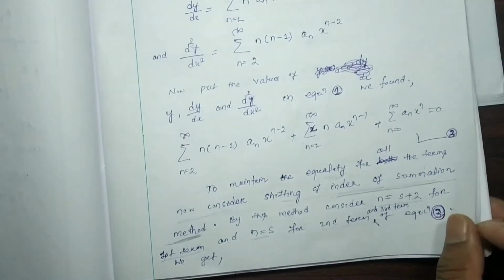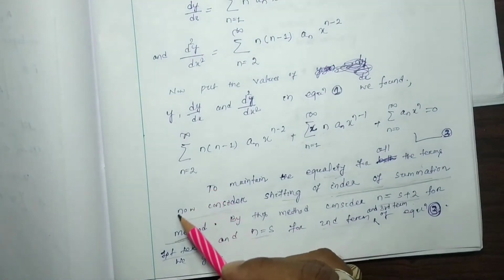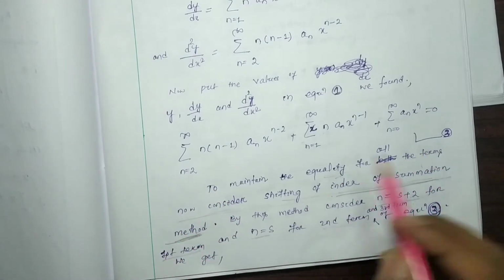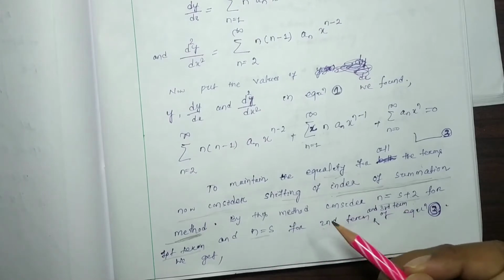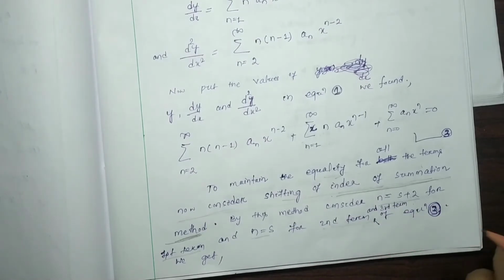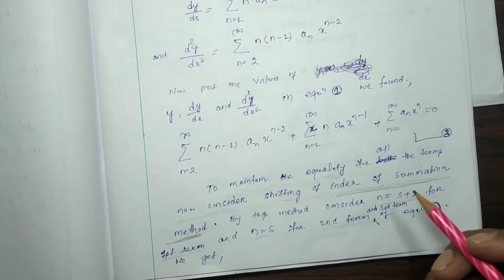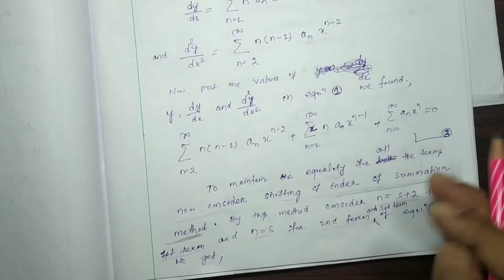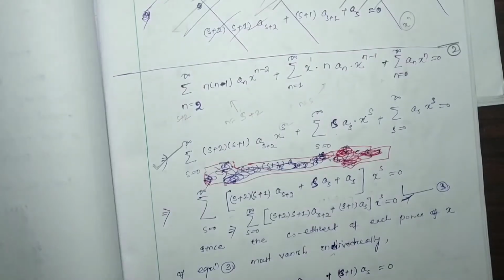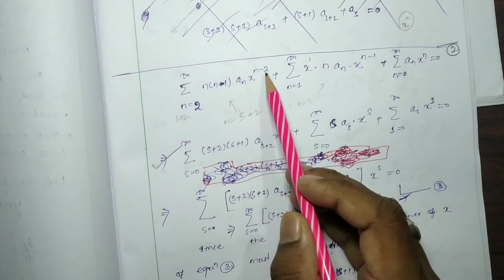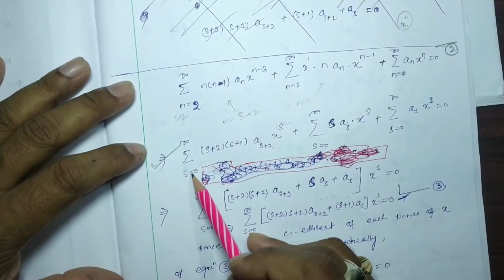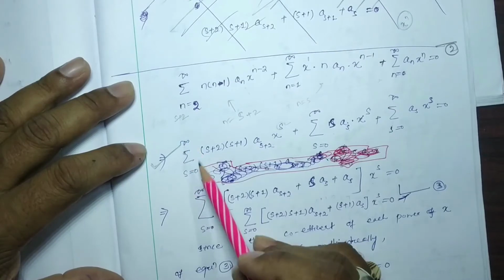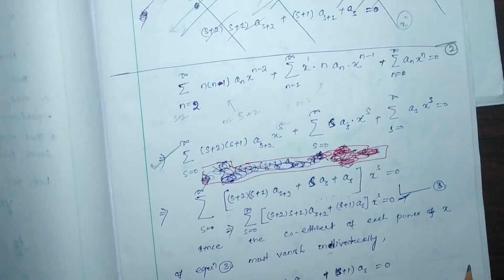Okay, in the exam there is no need to write these things; you only have to write that you put n equal to s plus 2 for this term, and n equal to s for this term and this term. But our objective is to maintain the power of x the same, and the summation has to start from 0 to infinity.